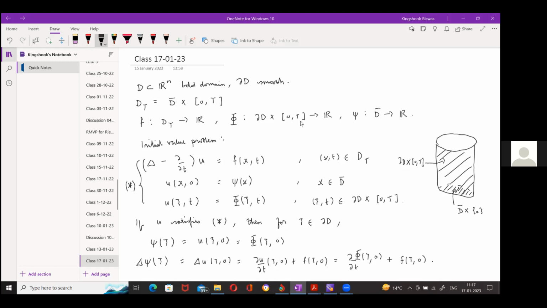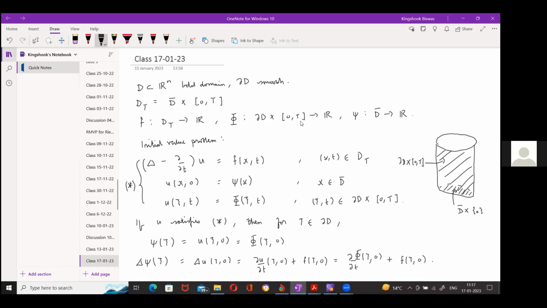And also the boundary conditions of u1 minus u2 will be 0. So I'll get a solution to the heat equation which vanishes on the parabolic boundary. Therefore, it's less than or equal to 0. And then applying the same argument to minus u, you'll get that it's greater than or equal to 0. Therefore, it is equal to 0. So therefore, the two solutions u1, u2 are equal. Okay? So if this problem has a solution, then it's unique.